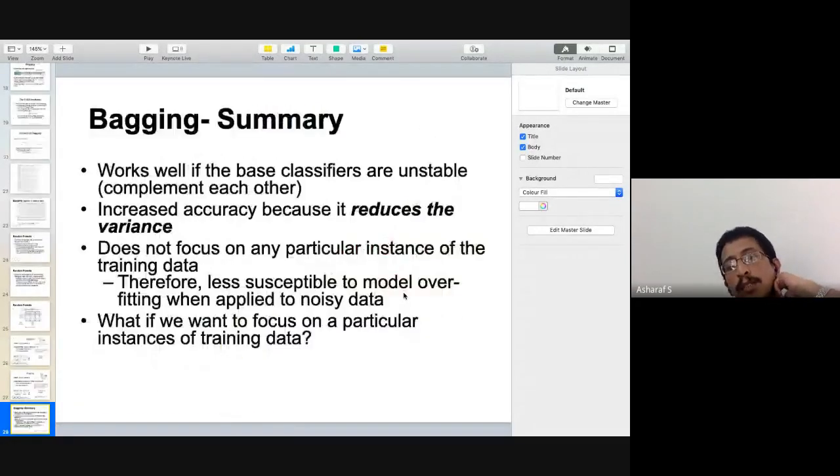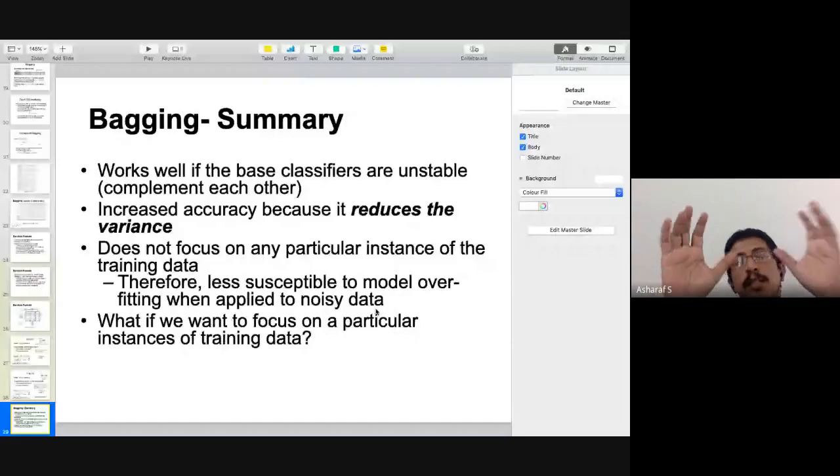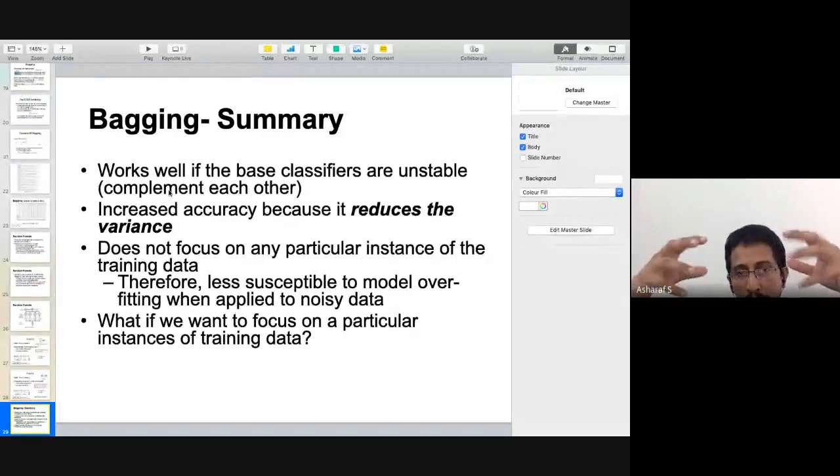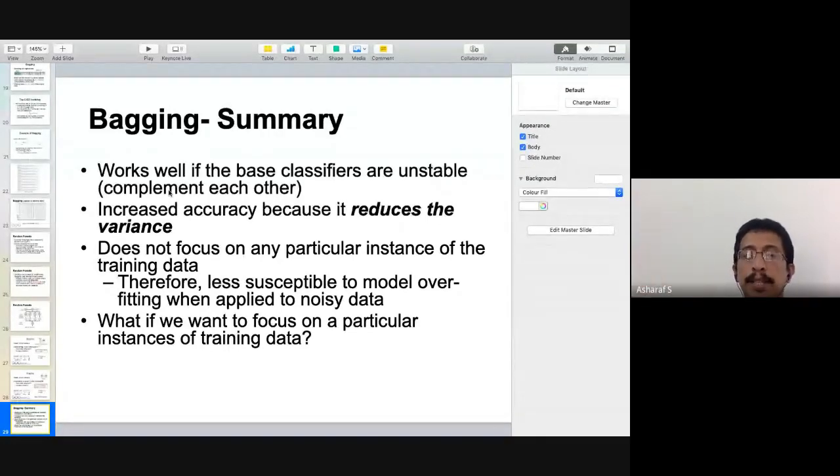There is a generalization aspect to error and a model fitness aspect to error, but bias works around the fitness aspect. You try to reduce the error by combining slightly more complicated models, and that's why we can understand that it's essentially working around the notion of variance.